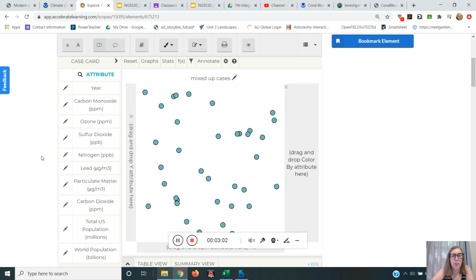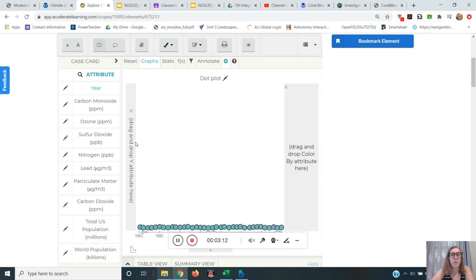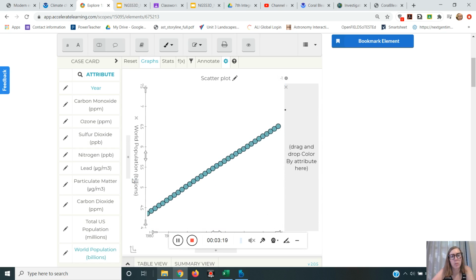Okay, the first thing I want you to do is take the year, and you're going to drag it to the x-axis. Okay, so I'm going to click and drag down there. So you see my data changing. And world population to the y-axis.